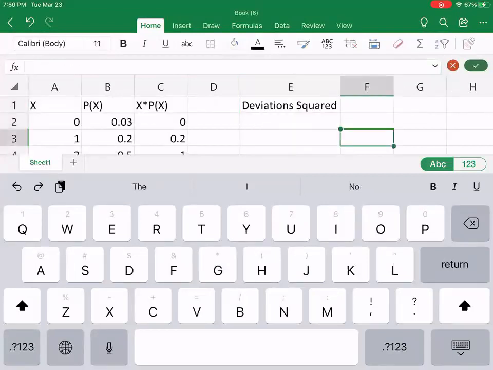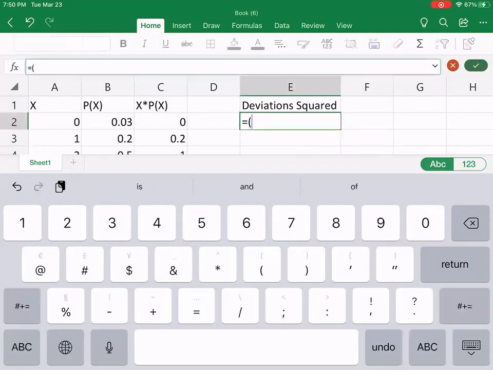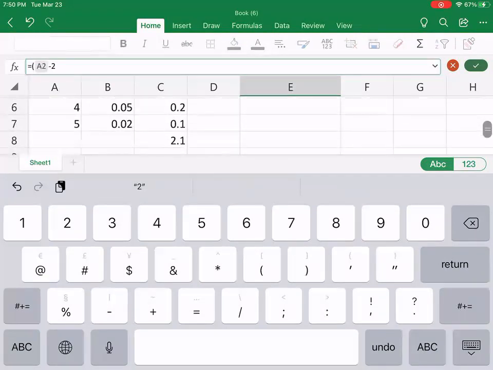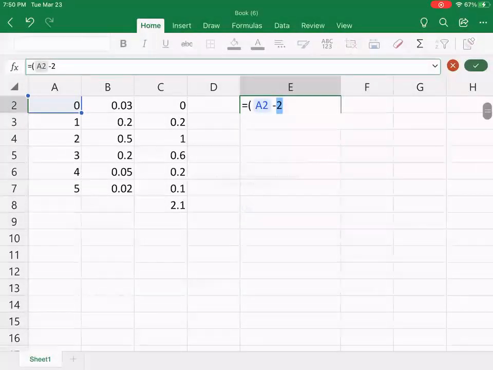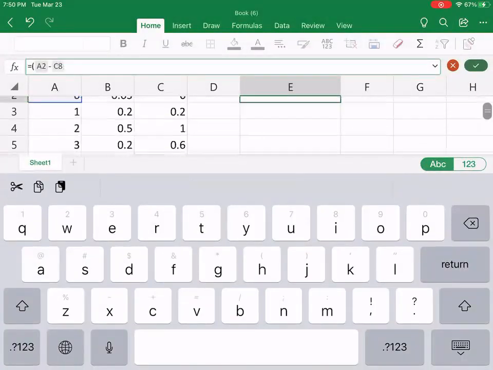So I'm going to call it deviation squared. All it is, I'm going to take every x, put in parentheses every x minus 2.1. If you're doing this on your computer, you can grab this value down here. Minus 2.1.